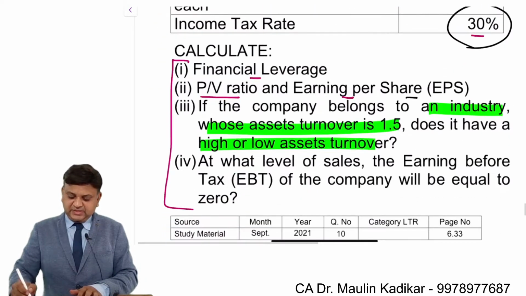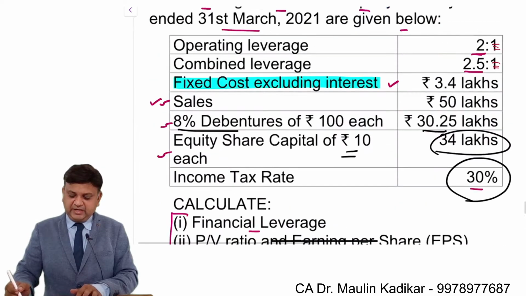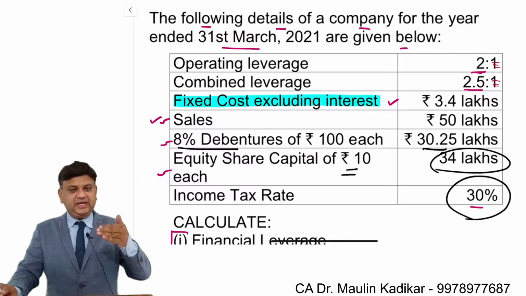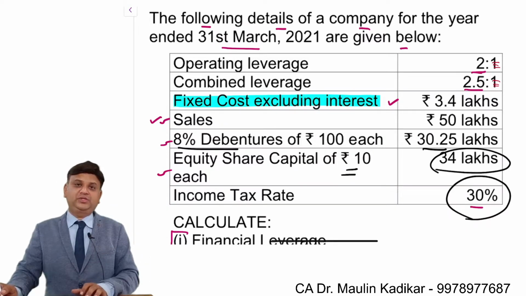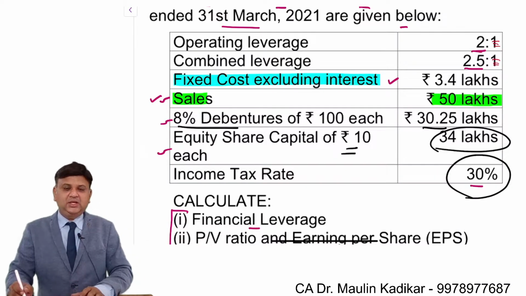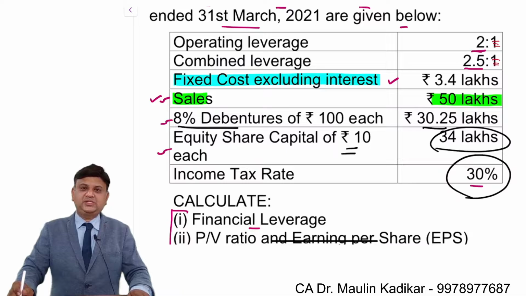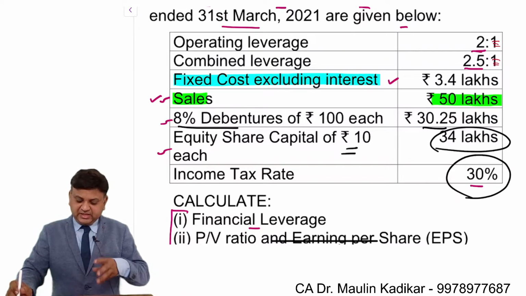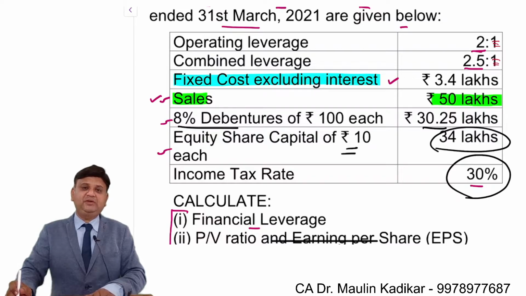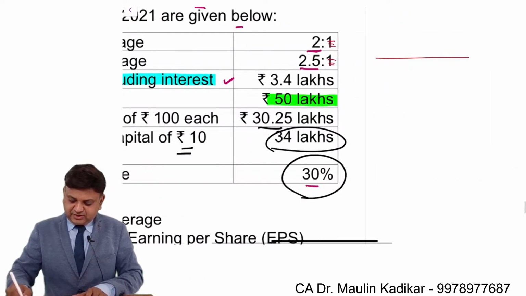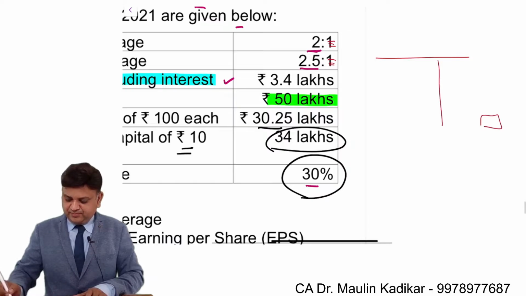We have to compare the same with the industry, and based on that, we are required to pass comment on whether it has the high asset turnover ratio or low asset turnover ratio. Sales is provided to us, 50 lakhs. Dear students, the asset turnover ratio is calculated as sales upon assets. Now directly or indirectly, no information is given about the assets.